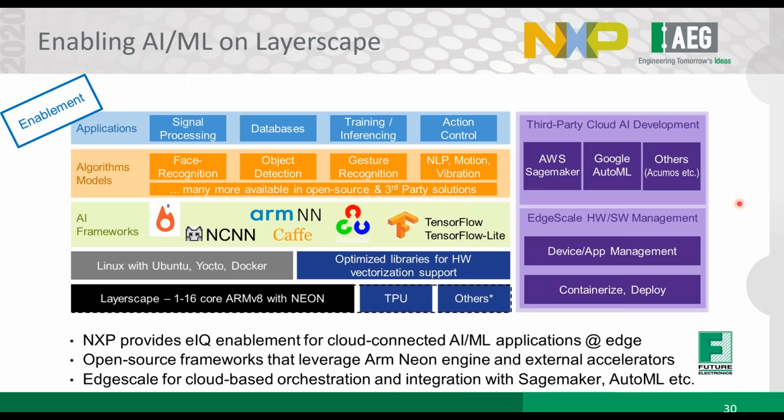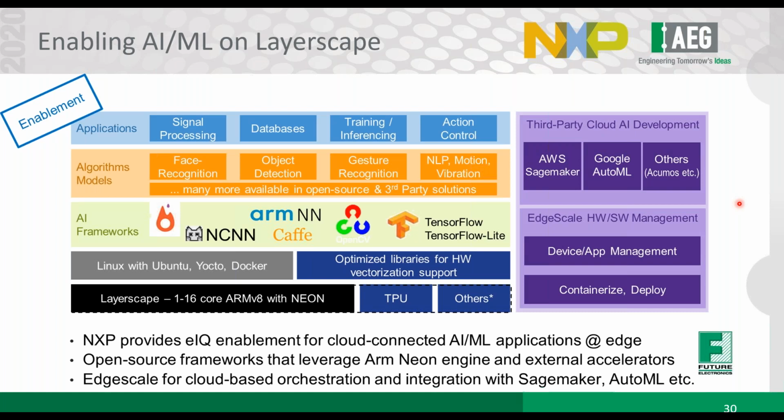And this is a little bit more specific to Layerscape. So this is talking about how we enable some of the machine learning applications and inferencing models on the higher-end Layerscape processor family. So here you can see we can support a whole host of different models for facial recognition, object detection, gesture detection, and there are various different applications that you can add.